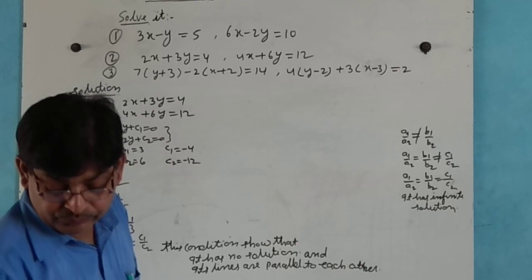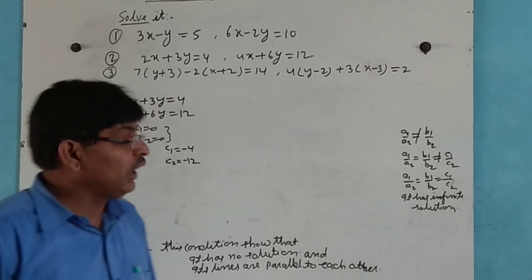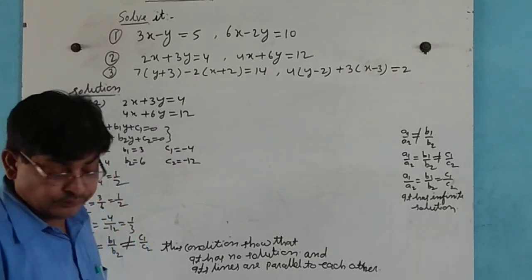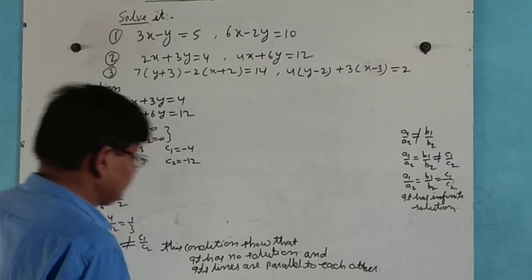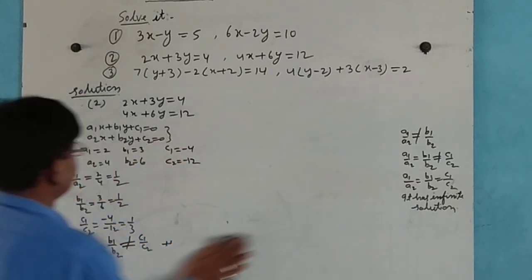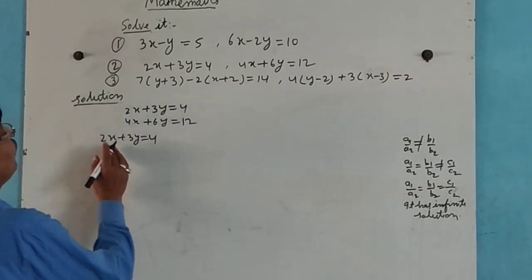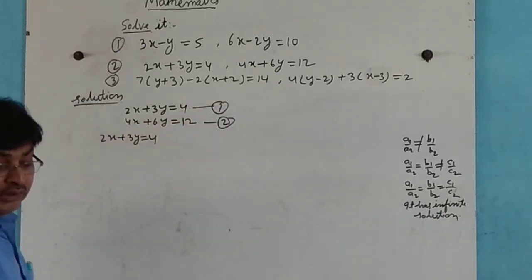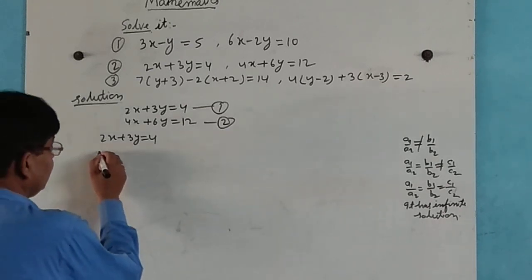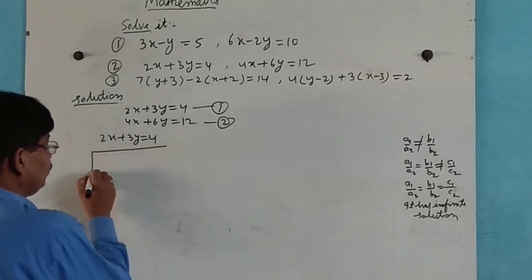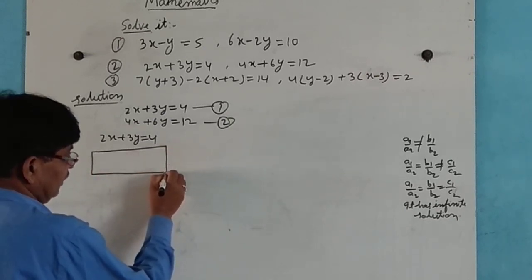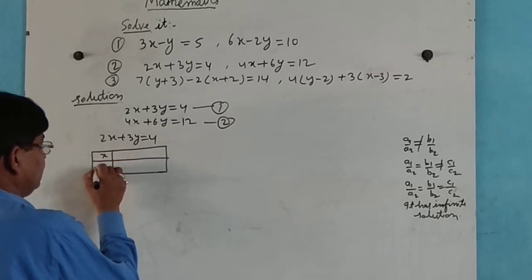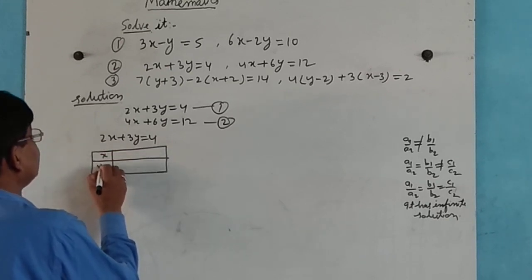Now we draw the graph of this. This is the first equation and this is the second equation. We take two values of x and y.